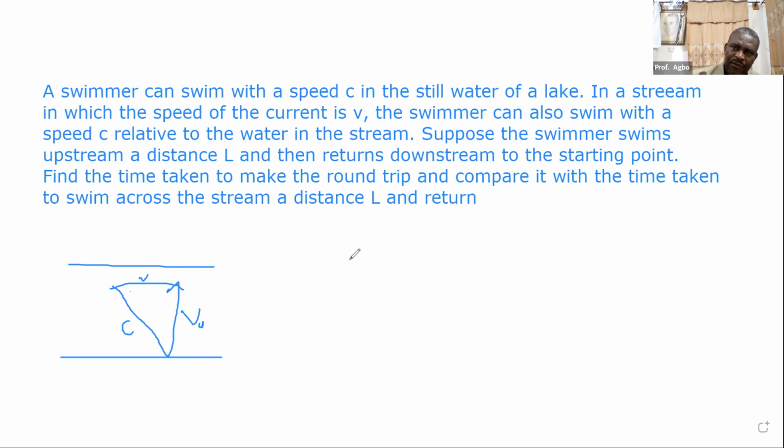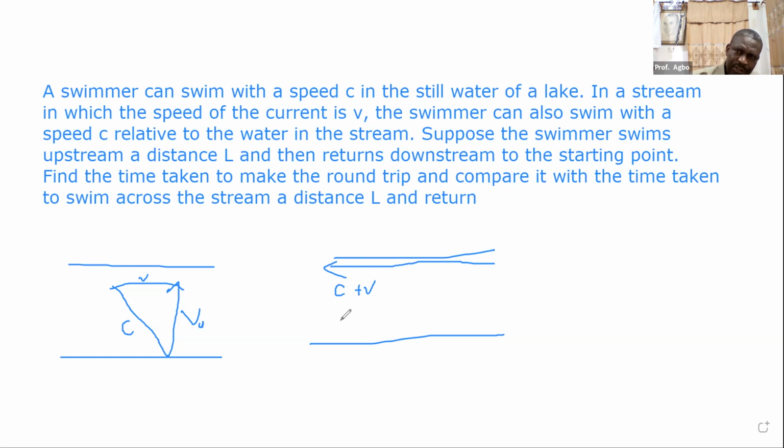Now, if you look at this problem, let's draw the stream bank. If the person is moving this way, along with the stream, the velocity is going to be c plus v.